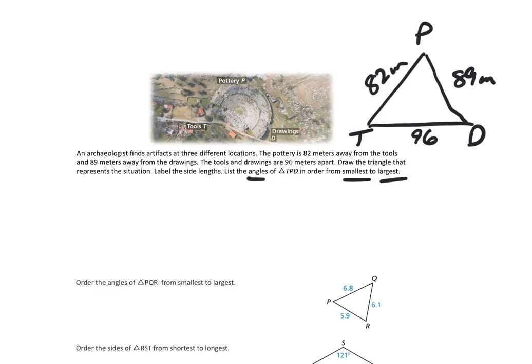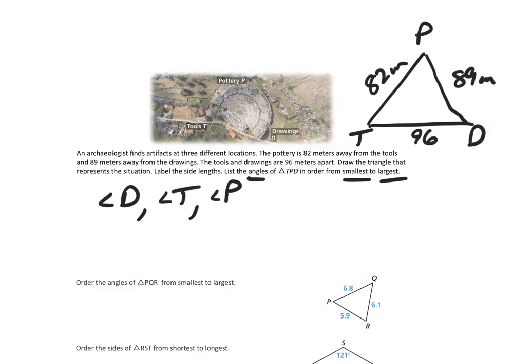Okay, so what's the smallest side? PT, right? 82 meters is the shortest side. So what angle would be across from that? Angle D. Okay, 89 is the next side. Across from 89 would be angle T. And then finally, 96 is the biggest, and across from 96 would be angle P.